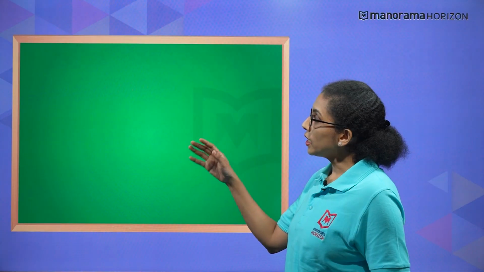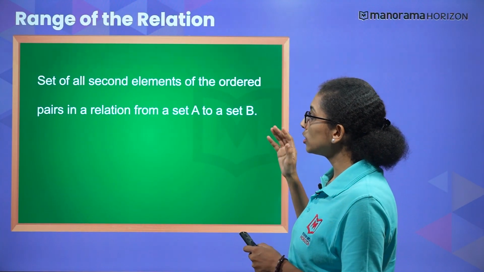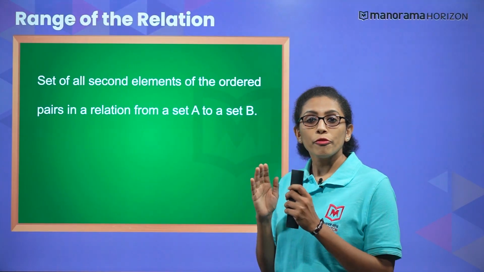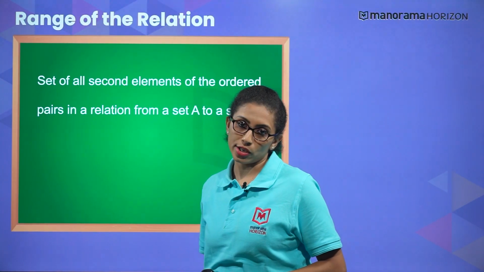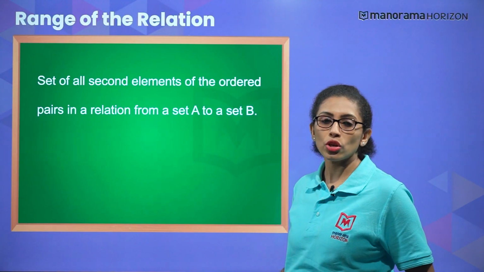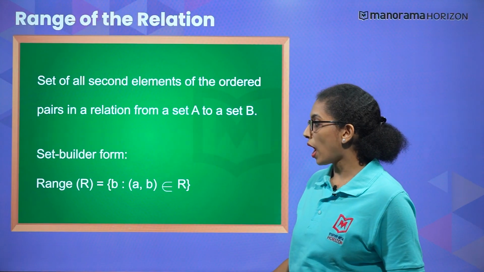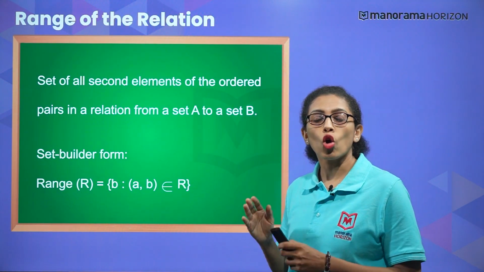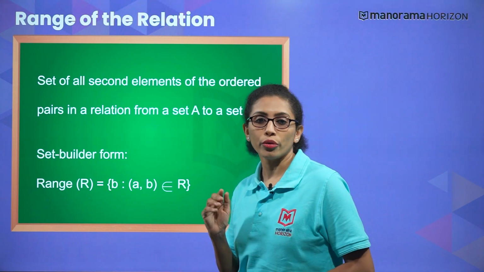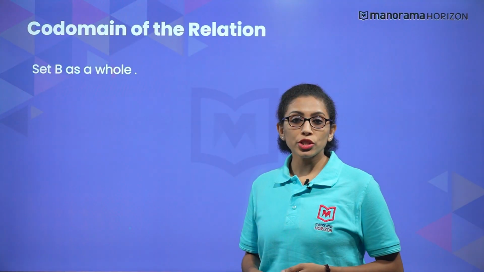Next, the set of all second elements of the ordered pairs in a relation from set A to set B is called the range of the relation. Let's see the representation of the range. The set builder form is given by range of R is equal to b such that (a, b) is an element of R. Now, what is the codomain of the relation?